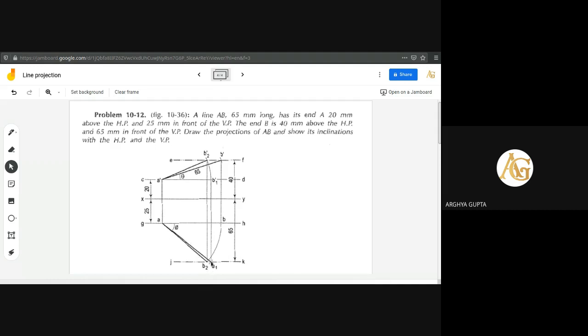Now these two are drawn. So B dash is obtained. From B dash, we need to draw a vertical line up to that line, 25 mm line. Through A, a horizontal line was drawn, and through A dash, a horizontal line was drawn. So up to this point we have found A dash B dash and AB1, isn't it?